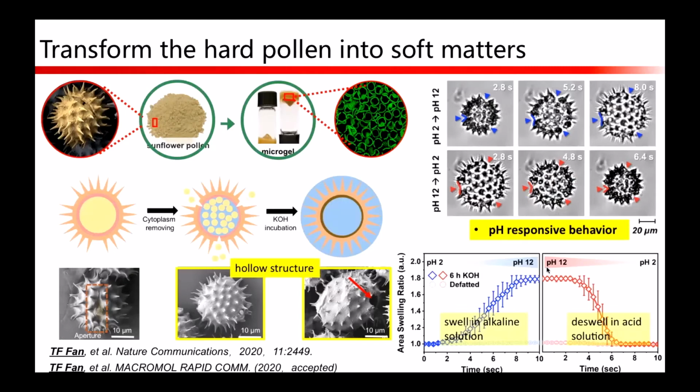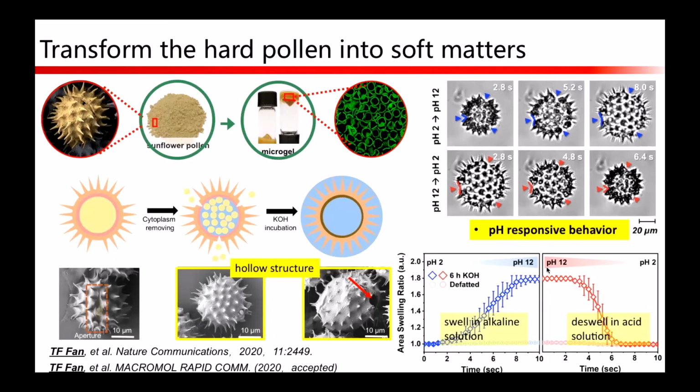After a series of optimizing processes, we finally made the pollen grains into pollen microgel, and the protocol includes 2 important steps: the cytoplasm removal and alkali solution incubation.